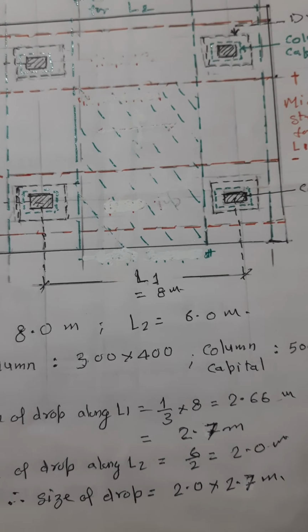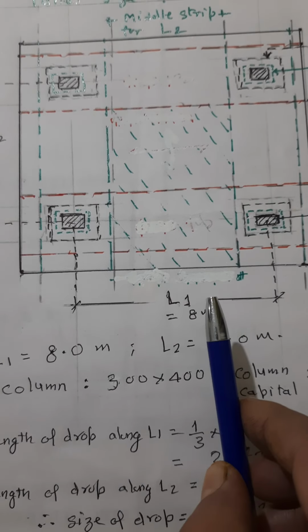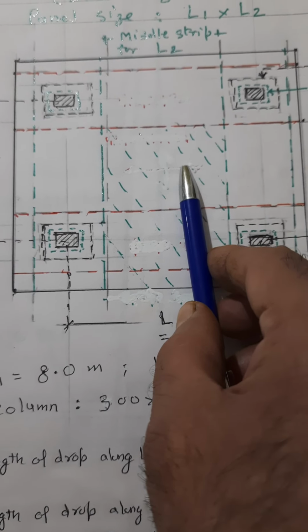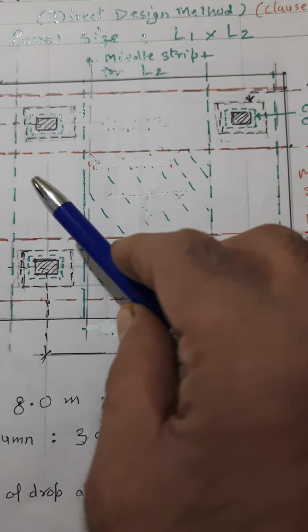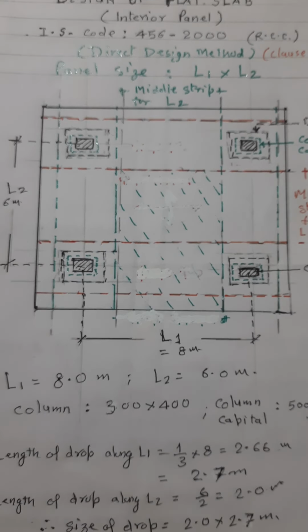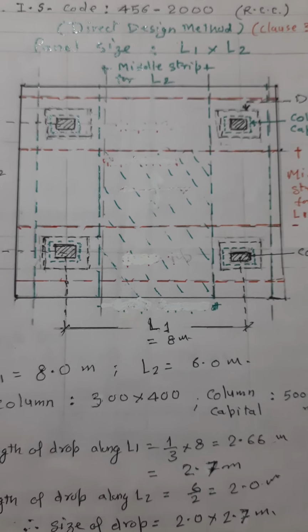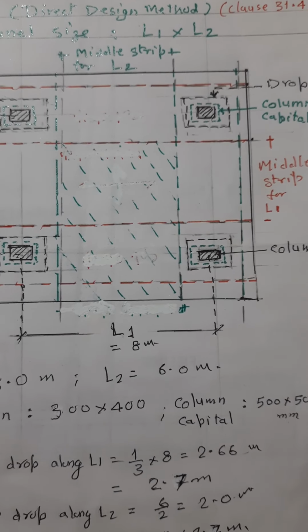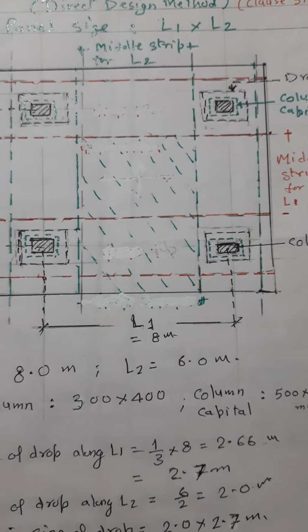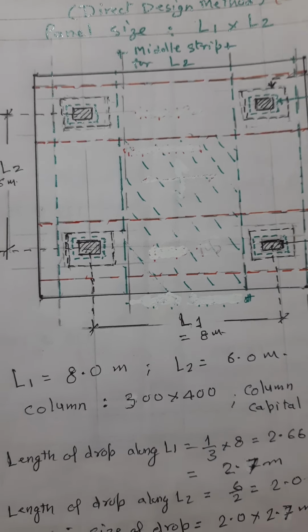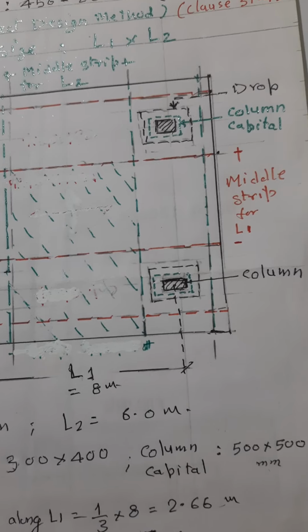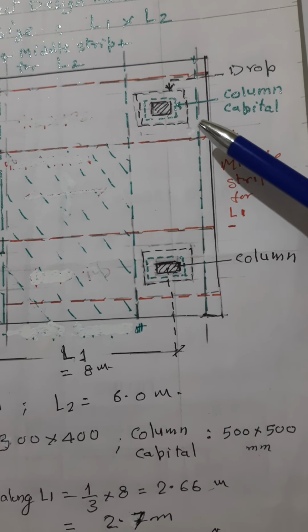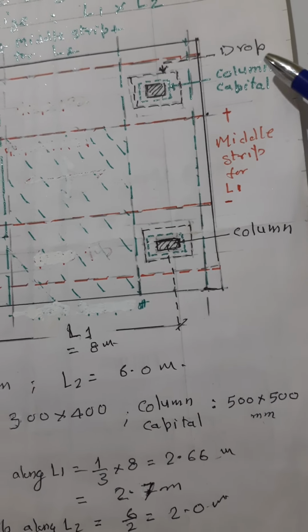Now, once we have finalized the column strip and middle strip in this direction, and similarly the column strip and middle strip in this direction, then we will go for finding out the loading, the distribution of loading, and the moments, bending moment, etc. We will go for the next part. As I have already mentioned, we call this a column capital and we also call this a drop.